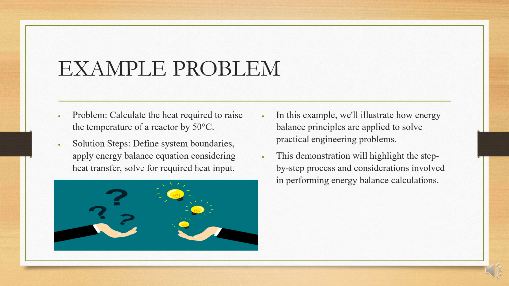In this example, we will illustrate how energy balance principles are applied to solve practical engineering problems. This demonstration will highlight the step-by-step process and considerations involved in performing energy balance calculations.